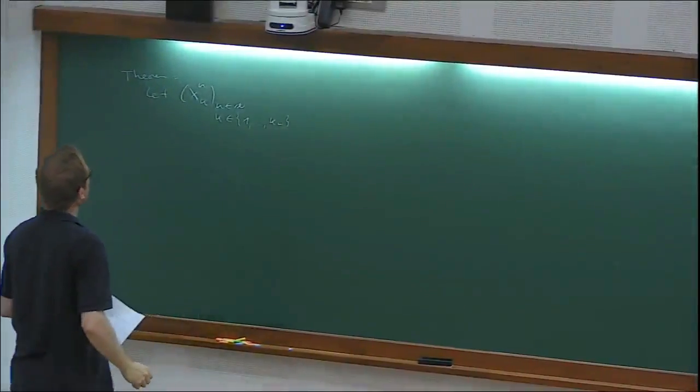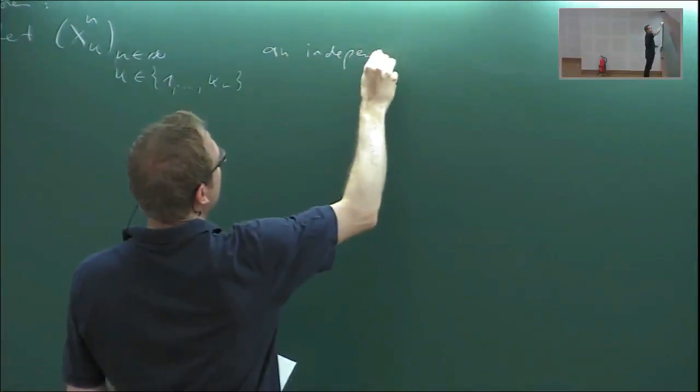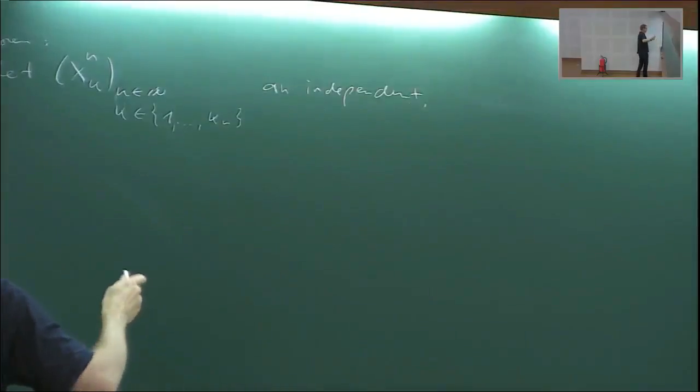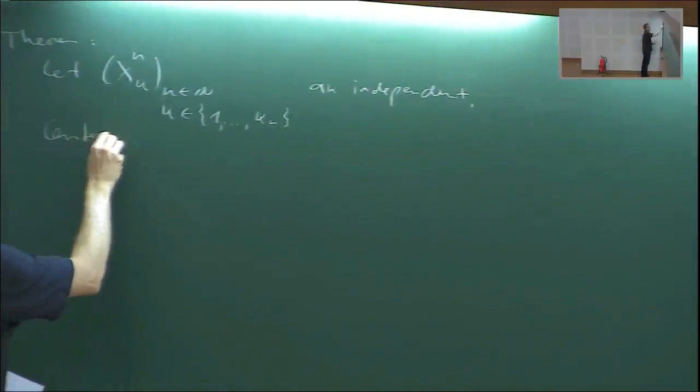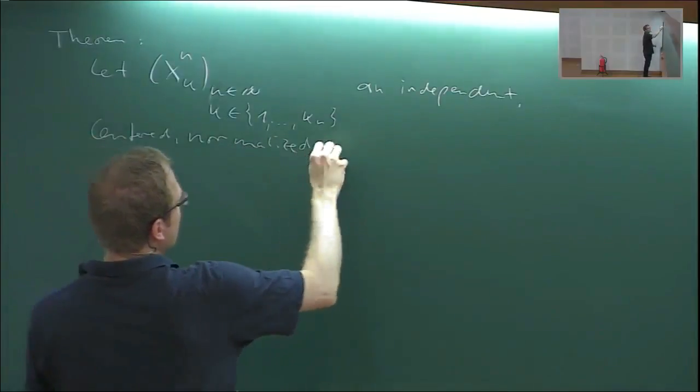Theorem: let X_{n,k}, with n and k from 1 to k_n, be an independent centered normalized null array.